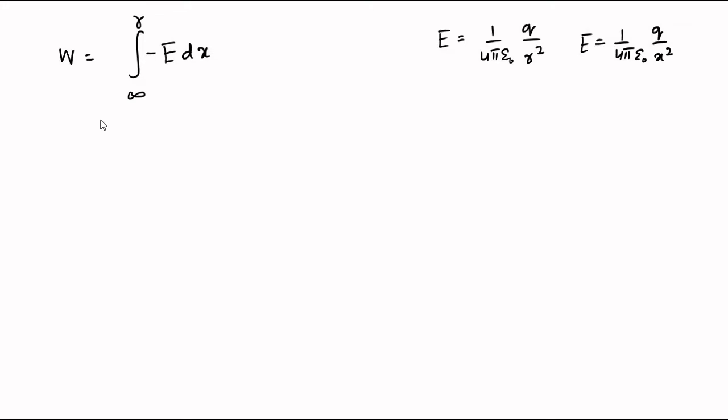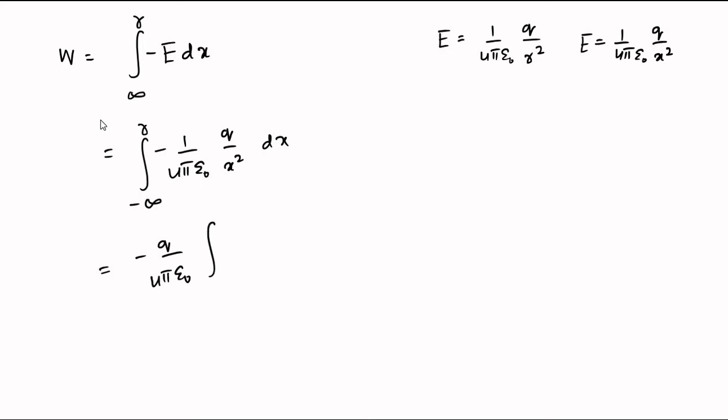So here we'll replace E with 1 by 4 pi epsilon 0 q by x square. So it will be the integration from infinity to r of minus 1 by 4 pi epsilon 0 q by x square dx. Since 1 by 4 pi epsilon 0 and q are all constants, they come outside. So it will be minus q by 4 pi epsilon 0, integrated from infinity to r.